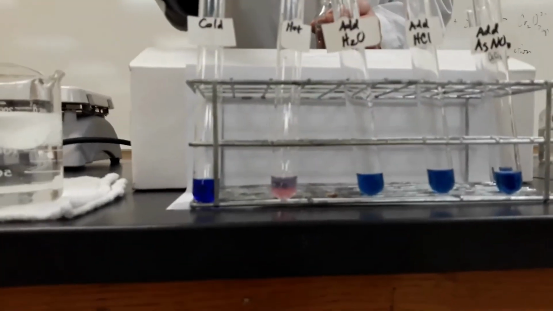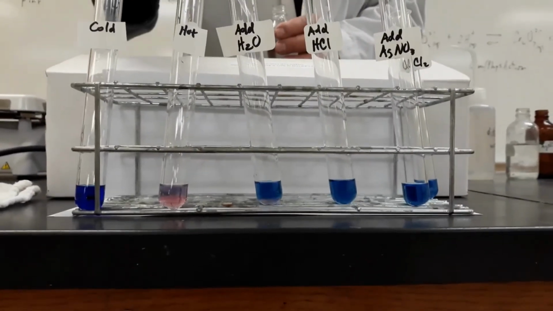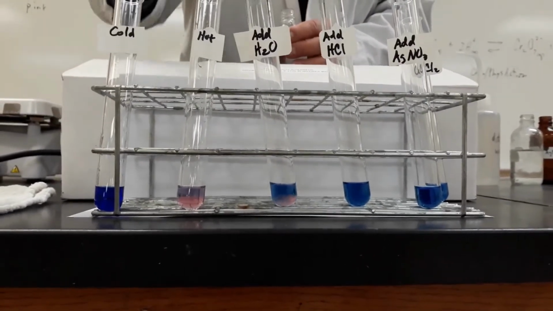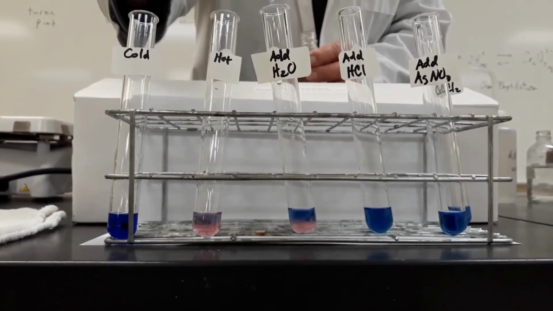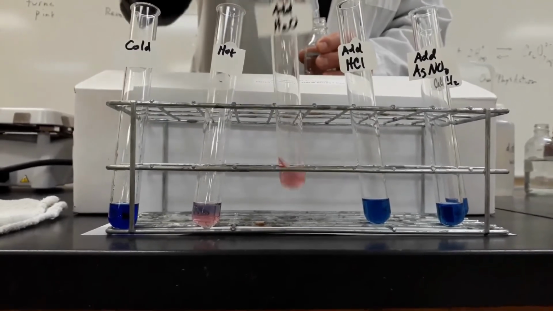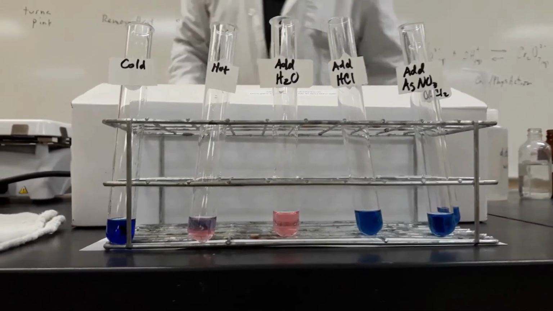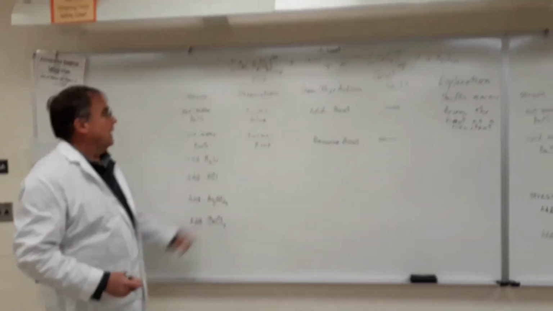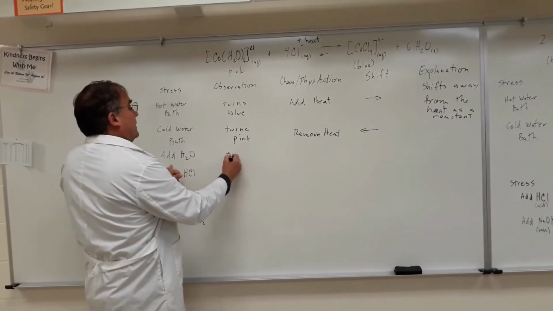I will add water by the drop. And you can see very clearly that it turns pink rather graphically. Okay, pause. So coming back to the data table, we added water, it turns pink.